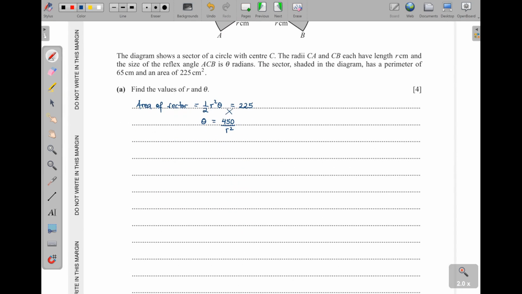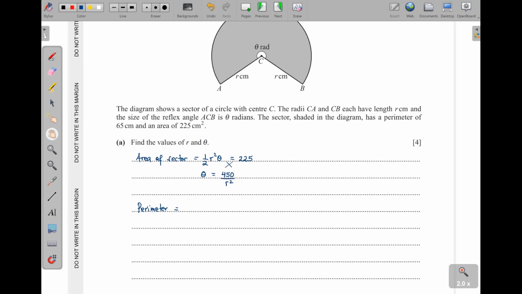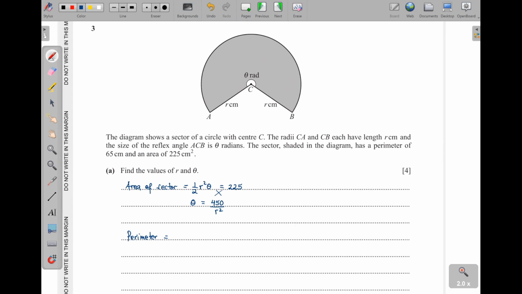And then after that, we can also go to the perimeter. Perimeter is equal to, let's look at the lengths which are surrounding the shape. We have this radius, and then the arc length here. So we shall have R plus R plus R theta, and then we equate this to 65.